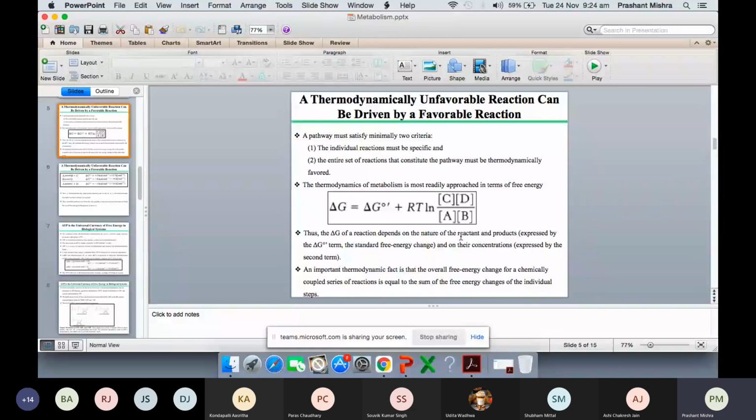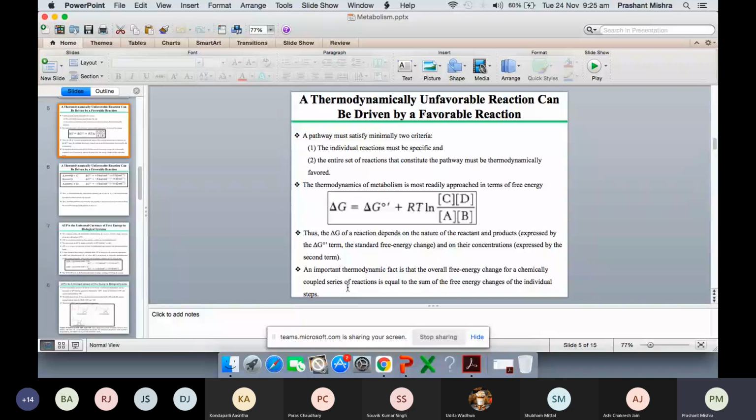This is a simple concept, nothing great, but what is important here is that one must know how much concentration of the product and substrate are present in the cellular environment. That helps in calculation of delta G. So this delta G value may be different from the standard free energy change, which is known under a given set of conditions.